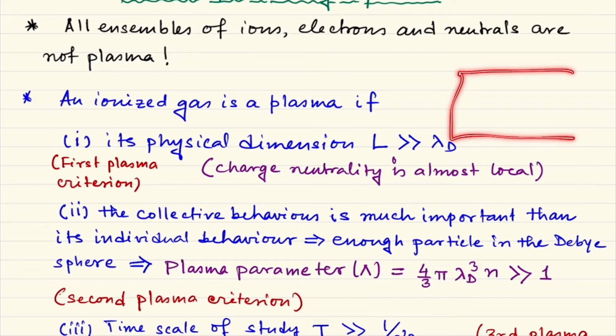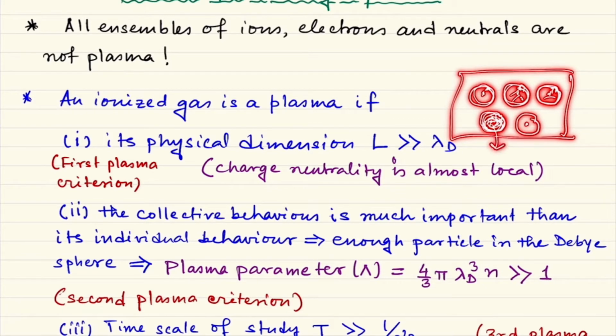So if your plasma is an ensemble like that, and you have several spheres with radius equal to the Debye length, just inside that sphere you can have violations in charge neutrality. But if you take these spheres as the unit of your system, then your system will more or less behave as neutral particles, because you cannot see any violation of charge neutrality beyond this sphere.